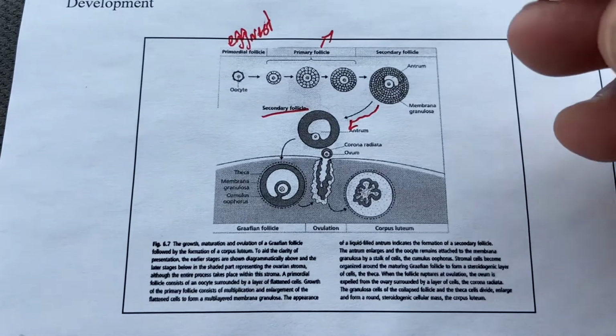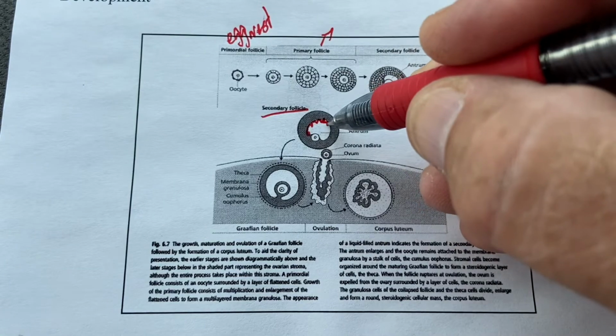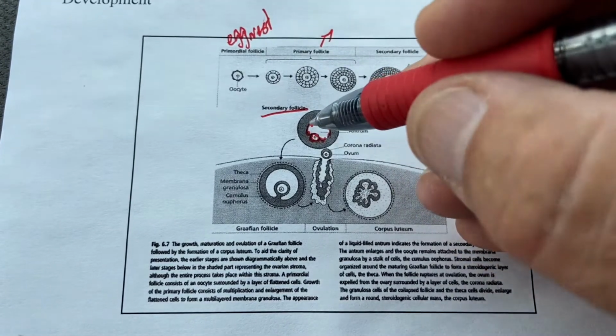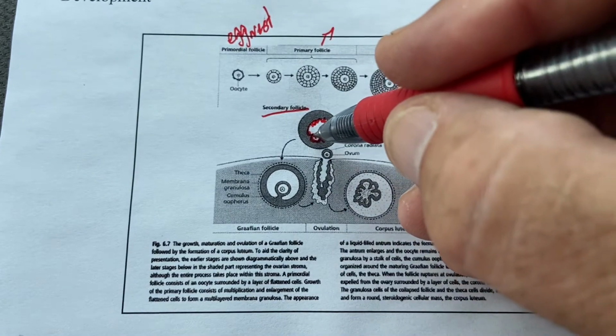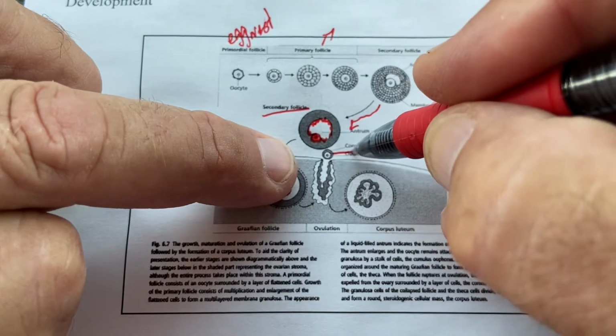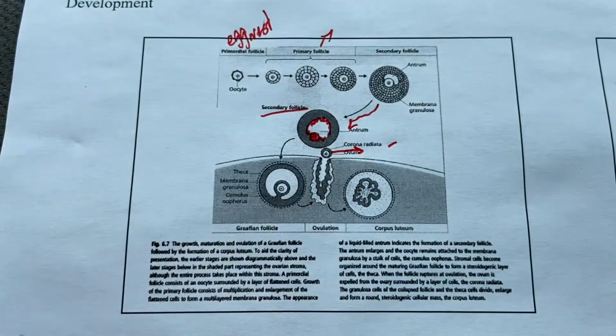Remember, there's our cumulus oophorus all the way around, and your corona radiata are the ones exactly right here around. When we release the egg, the corona radiata is still sitting here and attached.